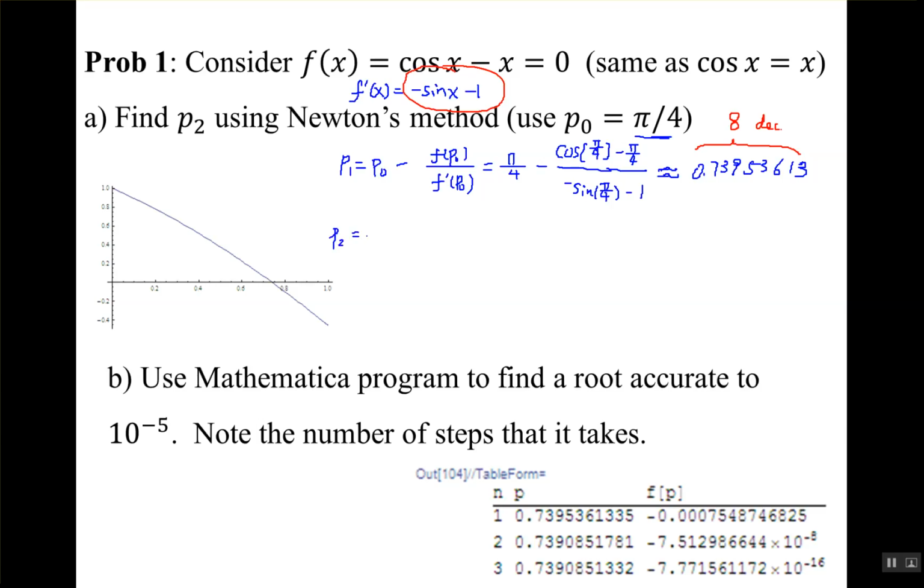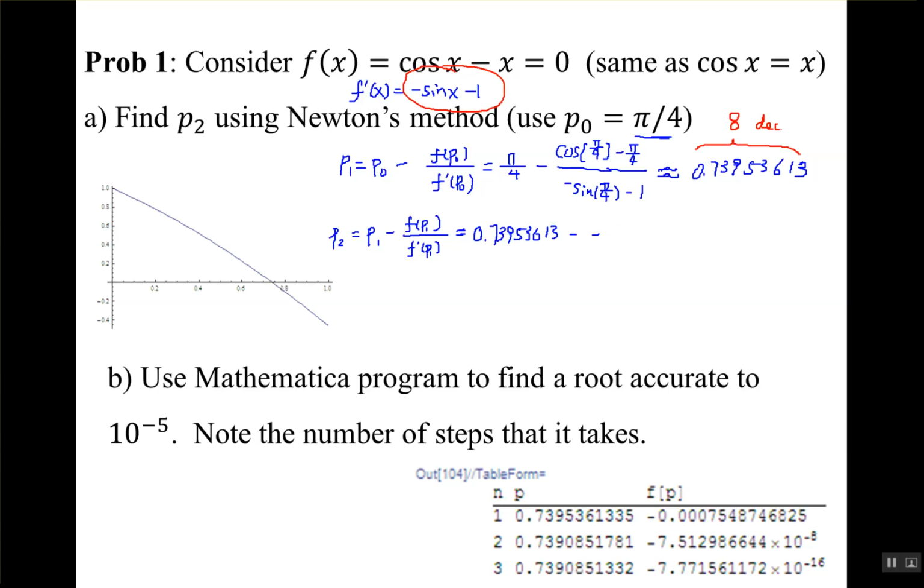For P2, we are going to use this recursive formula, so it will be P1 minus f. For now, I'm going to use hand calculation. The purpose is to demonstrate the whole process, right?